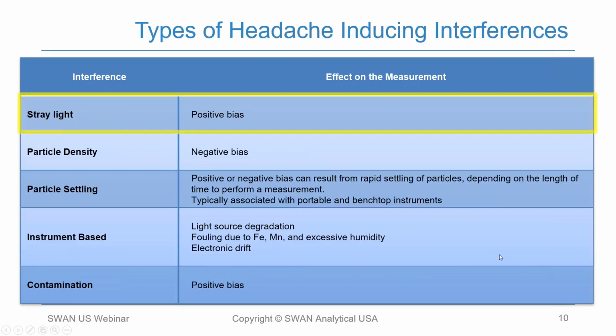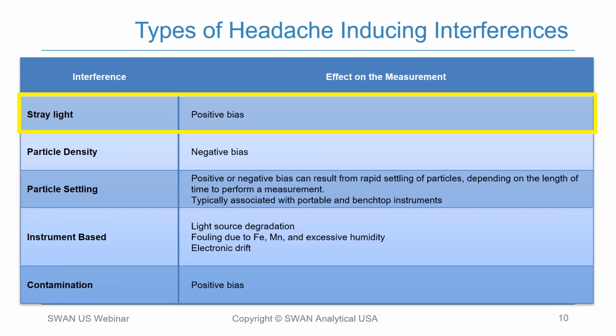When we talk about stray light, now, many times we don't worry about stray light, but manufacturers should be addressing this, and I'll talk a little bit about how SWAN does that. I can tell you that I once had a combined filter effluent turbidimeter that was reading about 0.07 NTUs when my individual filters were all 0.02.